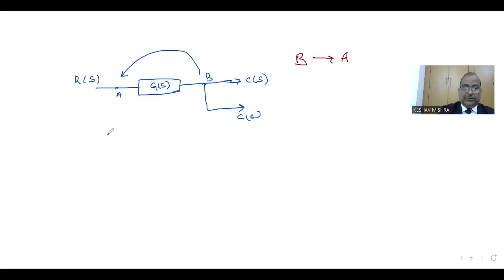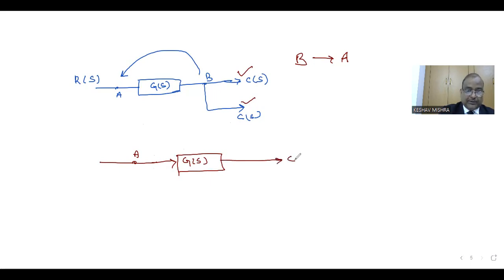This shifting is possible if the output at this point and this point don't change. We have to keep these outputs constant. So this shifting is possible. This is point A, Gs. The output is Cs.